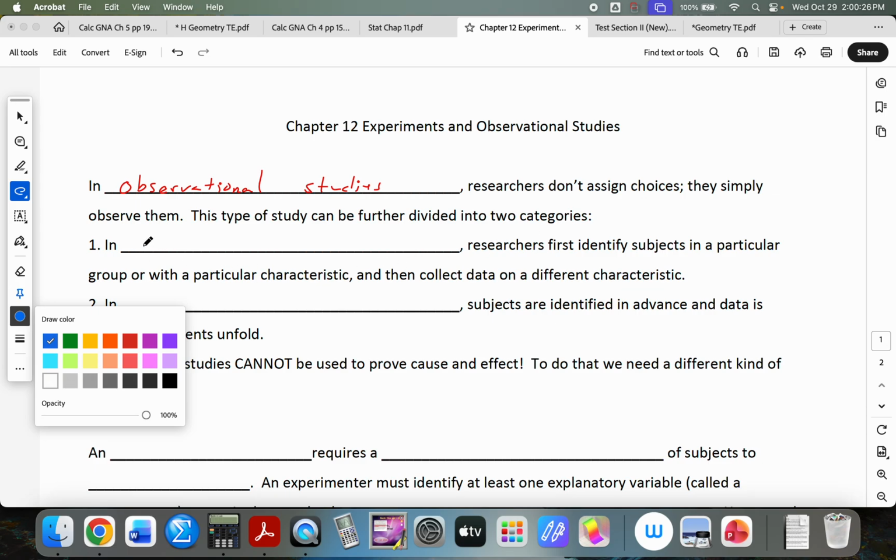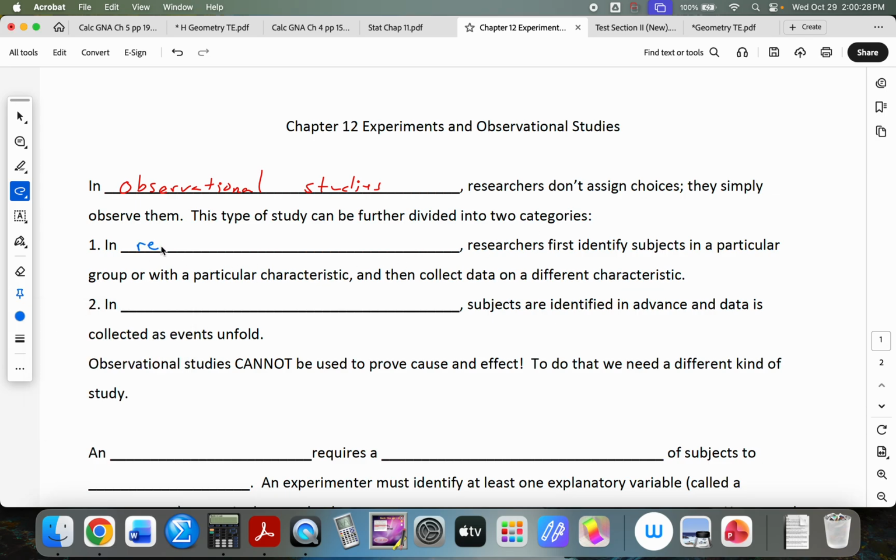In retrospective studies, researchers first identify subjects in a particular group or with a particular characteristic and then collect data on a different characteristic.